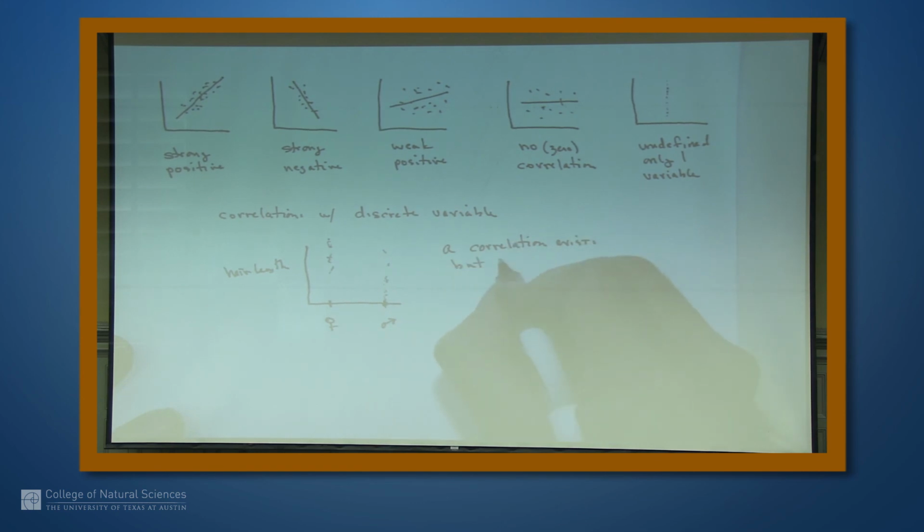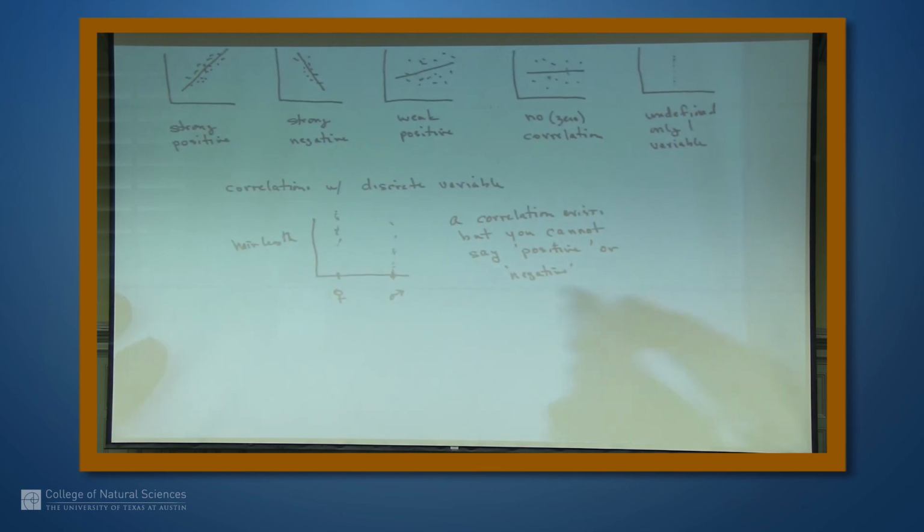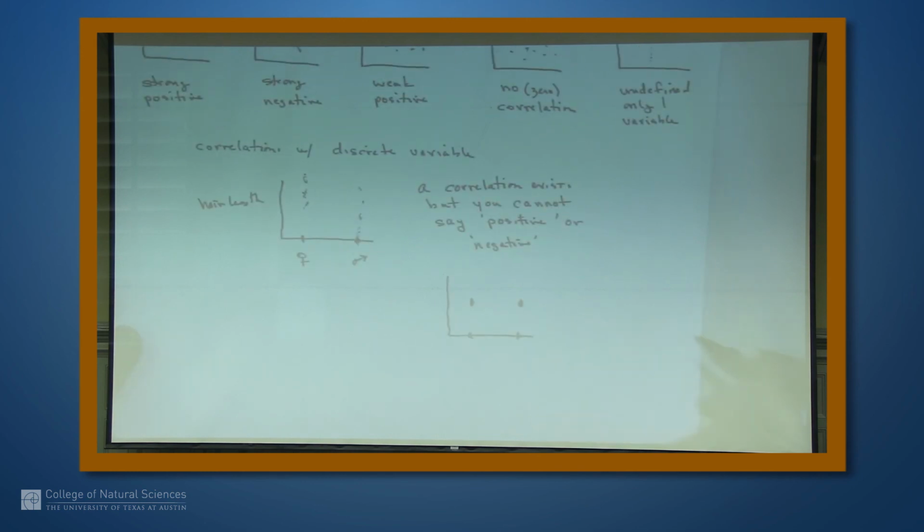But you cannot give it a sign. You cannot say positive or negative. And if you had something like this, again, two categories, and let's say the points did that, where there was no slope, there would be a zero correlation.